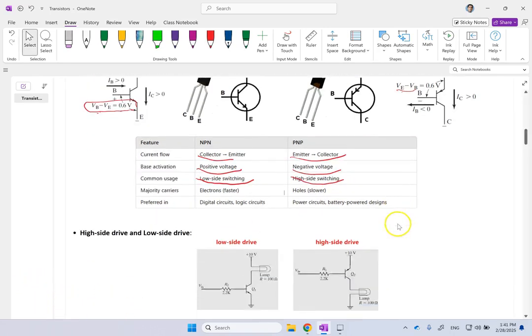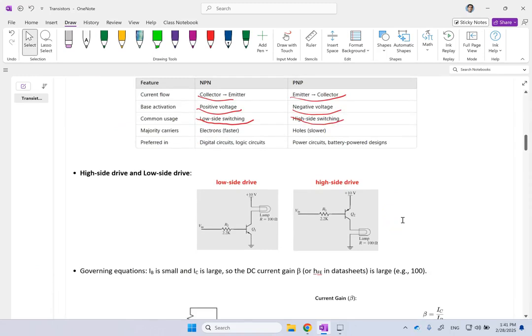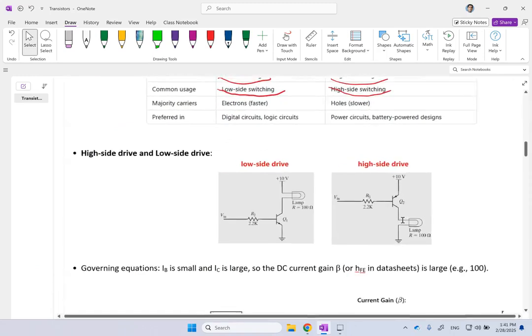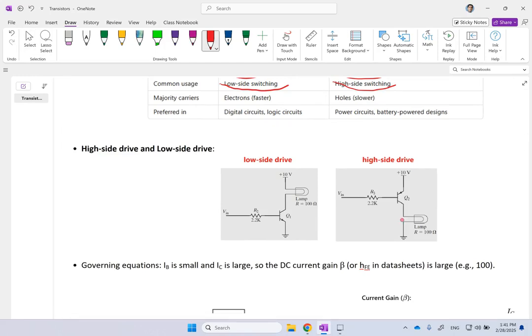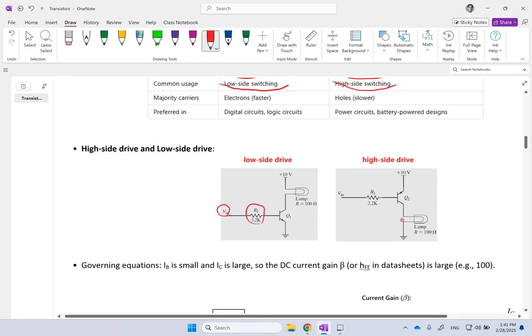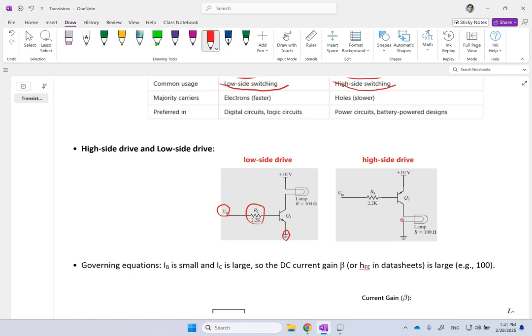What is that? So let me show you that one here. So in here, you can see that my base of the transistor is attached to my input voltage, and there is this resistor in between to limit the I of base. The emitter is attached to the ground, and the collector is attached to the LED that I want to turn on. My load, the place that I have the load or drive, is on what side?